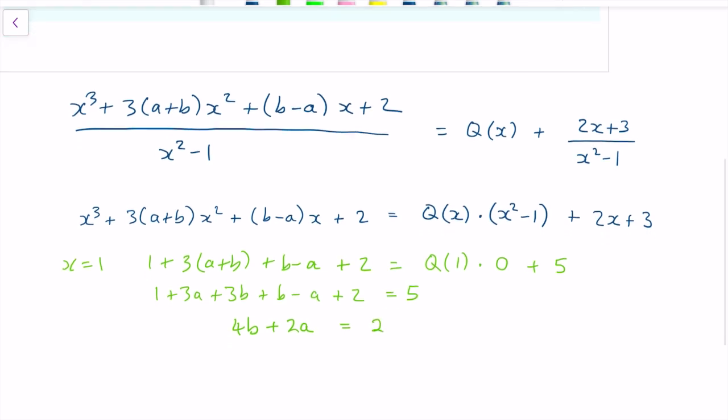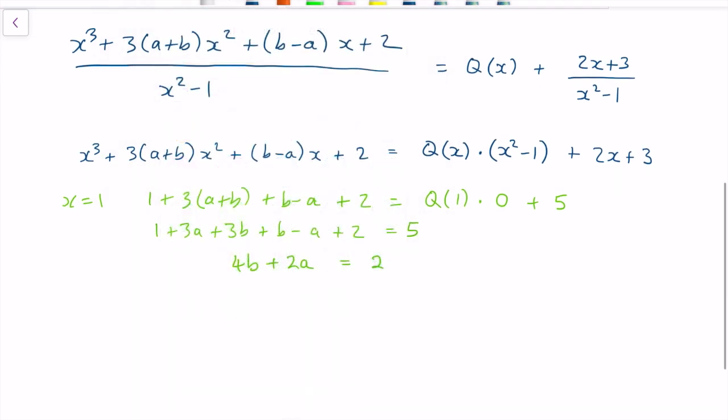And we do the same thing by subbing in x equals minus 1, because that's another value that's going to make that quotient function disappear. So when we sub in minus 1 into the left-hand side, we get negative 1 plus 3 lots of a plus b minus b minus a. So be careful there because we're subbing in minus 1 into the x plus 2.